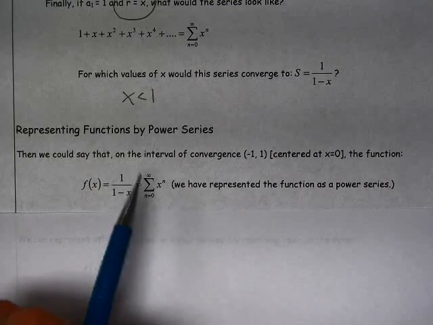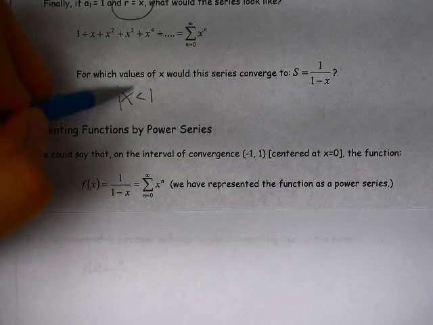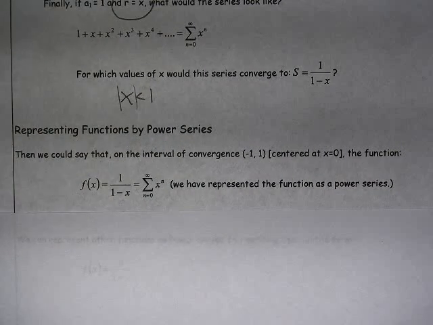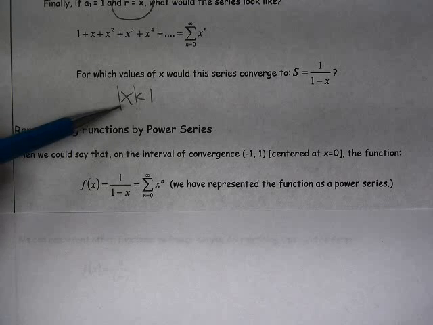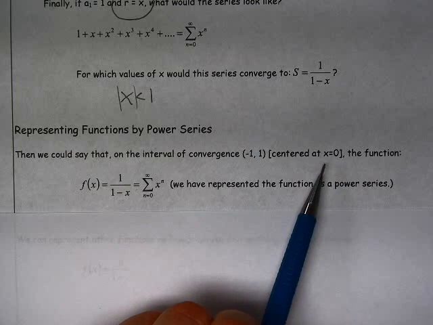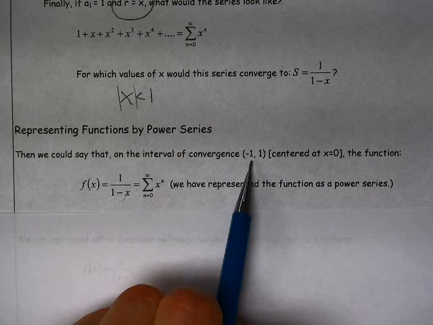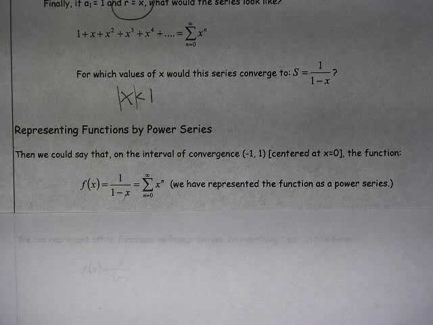Because x has to be less than 1, or really truly the absolute value, earlier when I was talking about the r, it was really the absolute value of r that had to be less than 1. So the absolute value of x has to be less than 1. So basically we have this 1 over 1 minus x centered at x equals 0, and the interval of convergence is an open interval from -1 to 1.